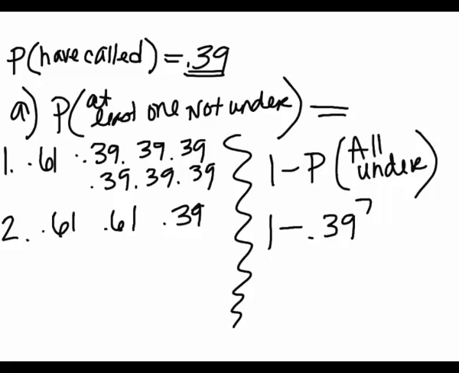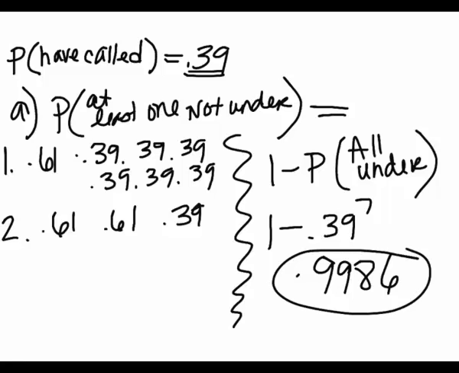Oops, I put a negative instead of a minus. 1 minus 0.39 to the 7th power. Okay? And I get 0.9986. And that's my answer. Okay? So the probability that at least one person has not called a talk show while under the influence of alcohol is 0.9986. Okay? So now let's look at part B.